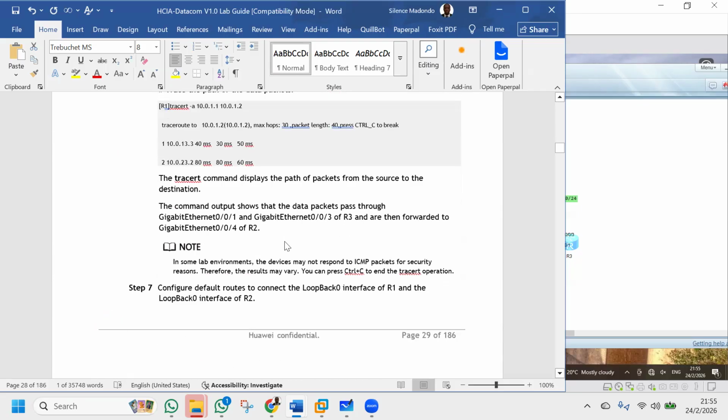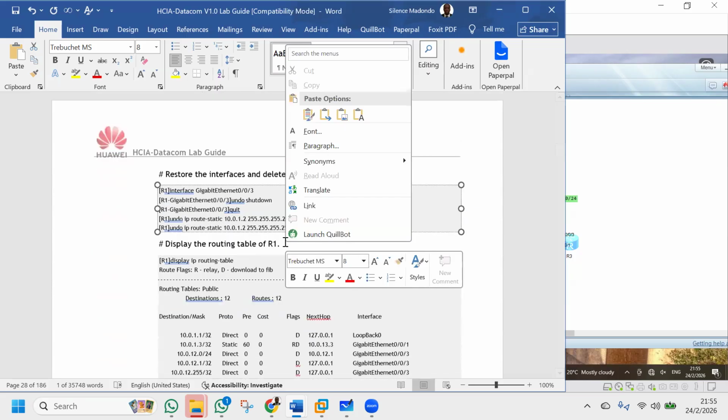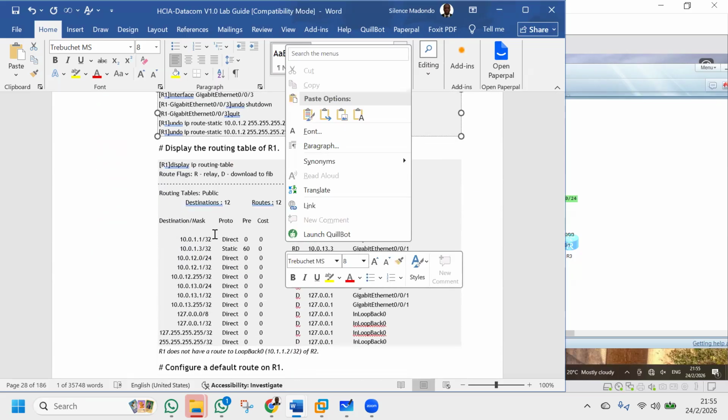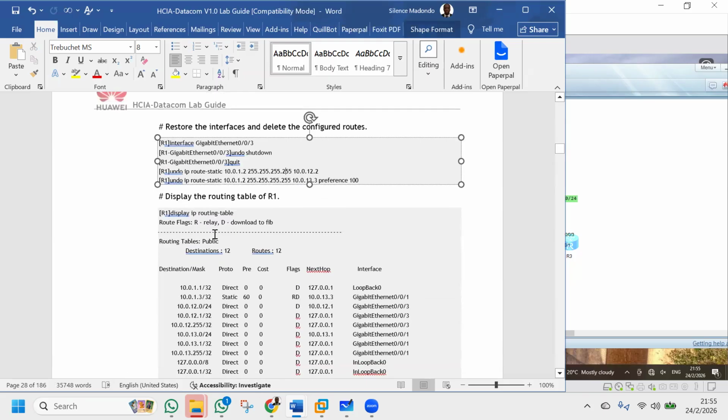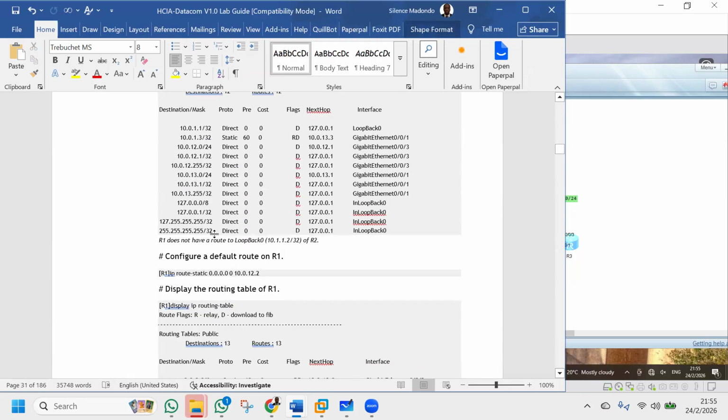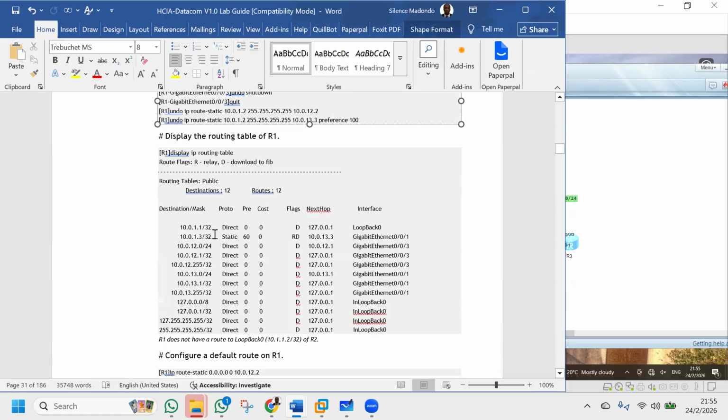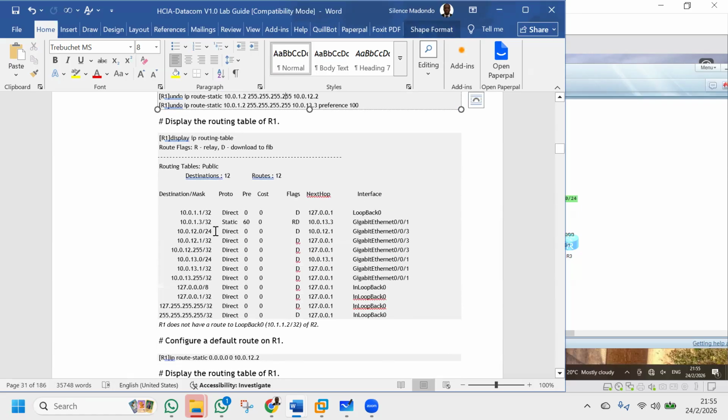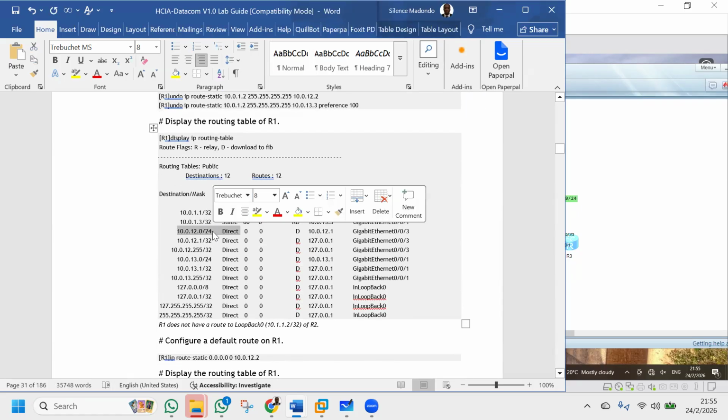Let's configure my static routes on that one. My loopback interface is not much of an issue, we can leave that one. Let me see, R1 network is there. Okay, so this is direct. Static.